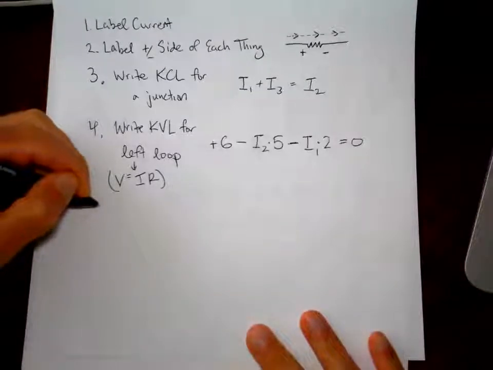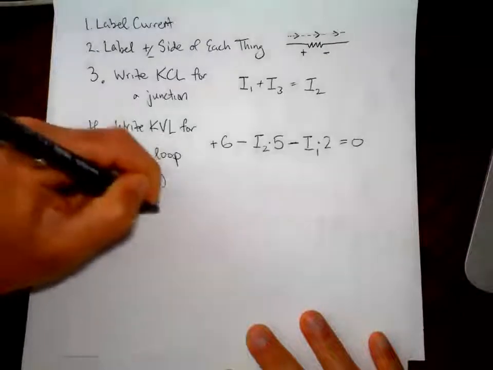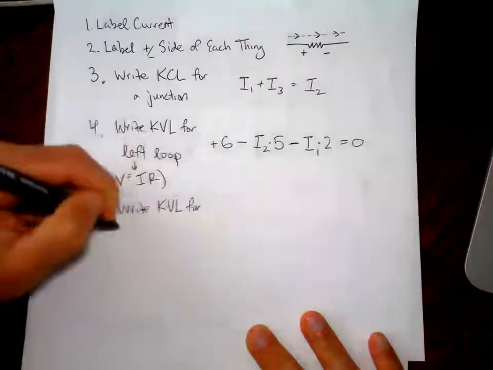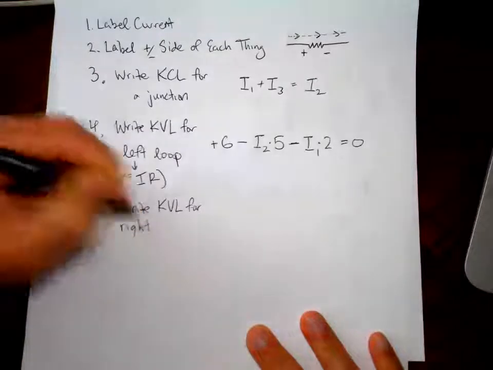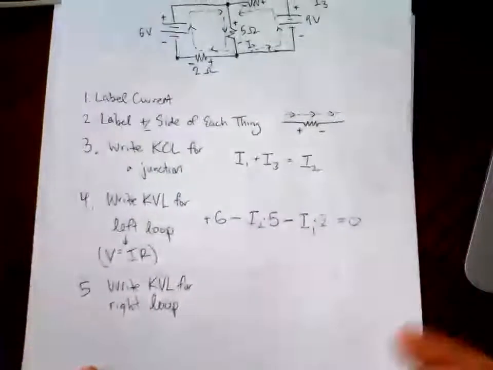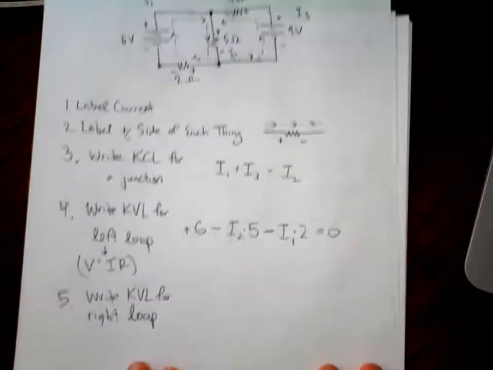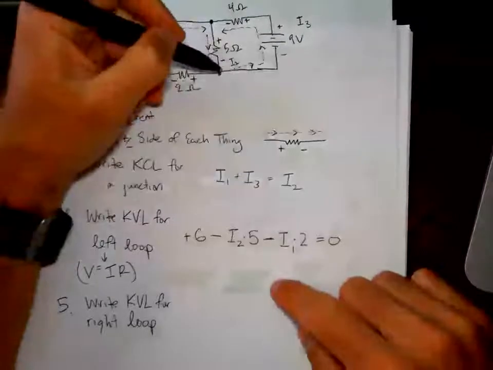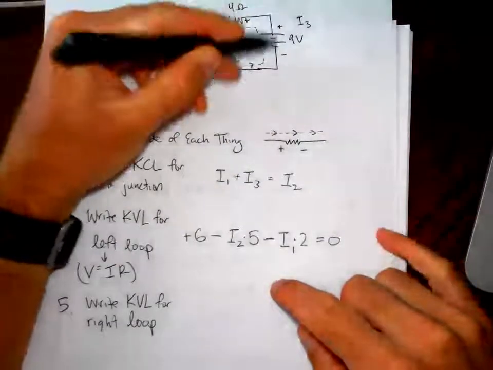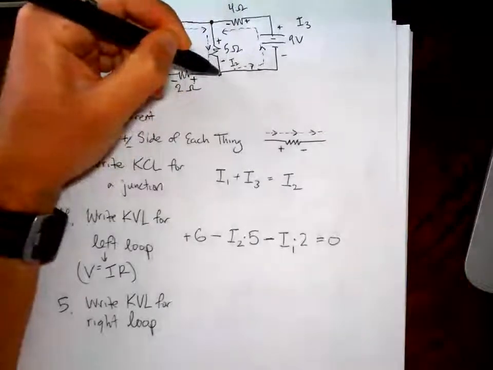Now, step 5, I'm going to write a KVL equation for the right loop. I'm going to go around this right loop in the counterclockwise sense, starting right here.